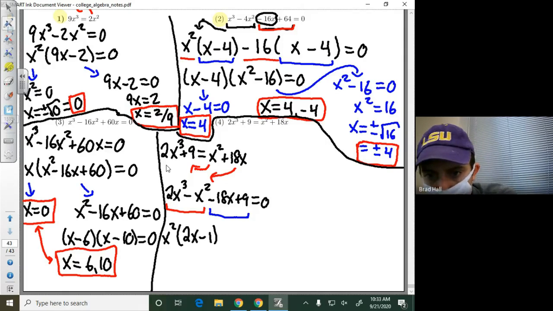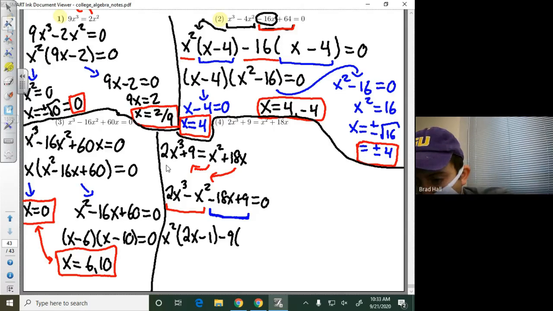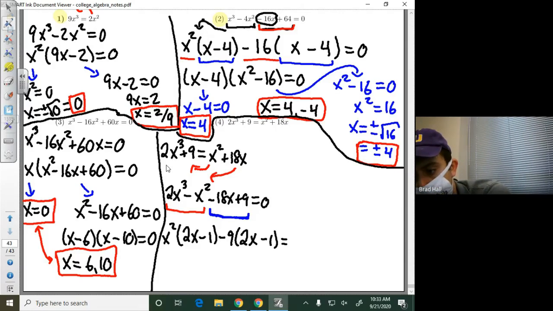And then for the next one that I have underlined in blue here, I'm going to take out a negative 9. Negative 9, because that'll not only take out a factor of 9, but it will flip all the signs. So negative 18 divided by negative 9 is positive 2 with an x. And then we get minus 1 for the next one.